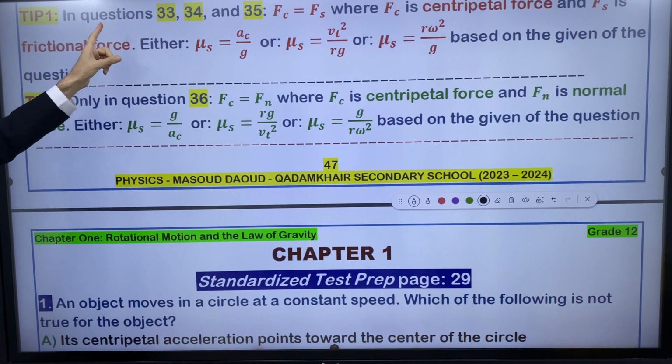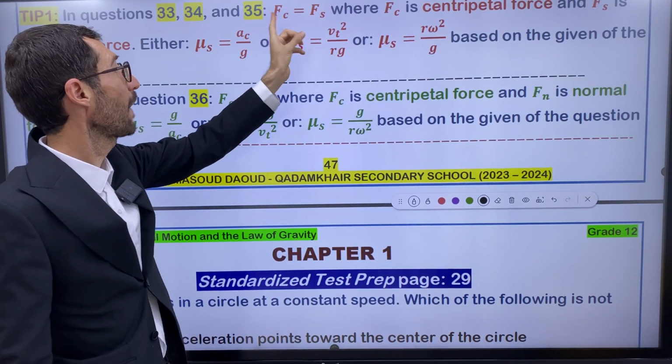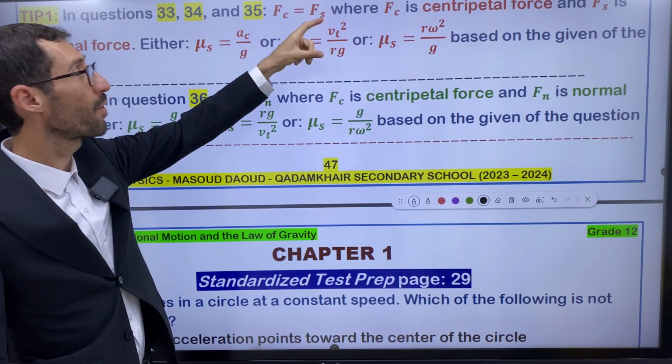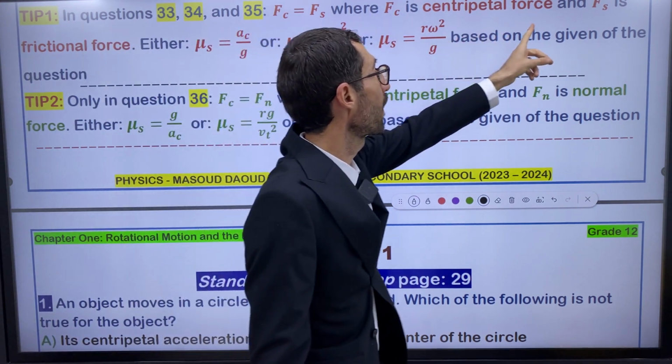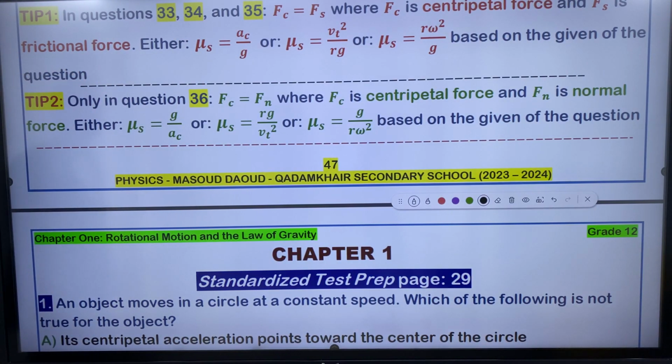Tip number 1: in questions 33, 34, and 35, Fc becomes Fs. What does it mean? It means centripetal force becomes frictional force, where Fc is centripetal force and Fs is frictional force.